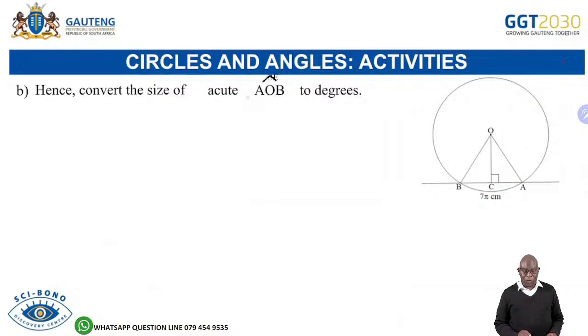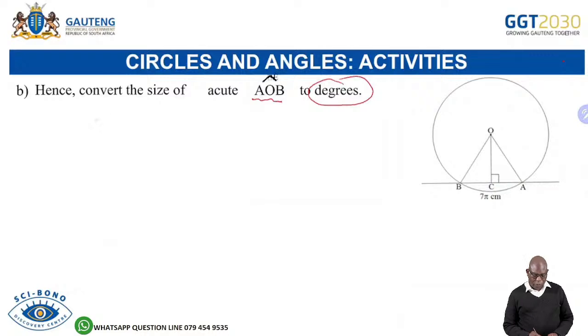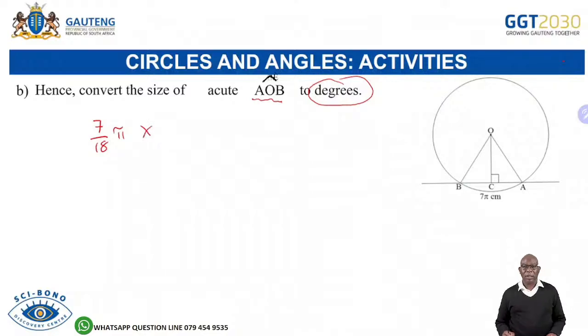So obviously you're going to use what you got in A. So we've got AOB, now we want it in degrees. So in other words, we want 7 over 18 pi in degrees. If I want it in degrees, I want to eliminate pi. So I just divide by pi.